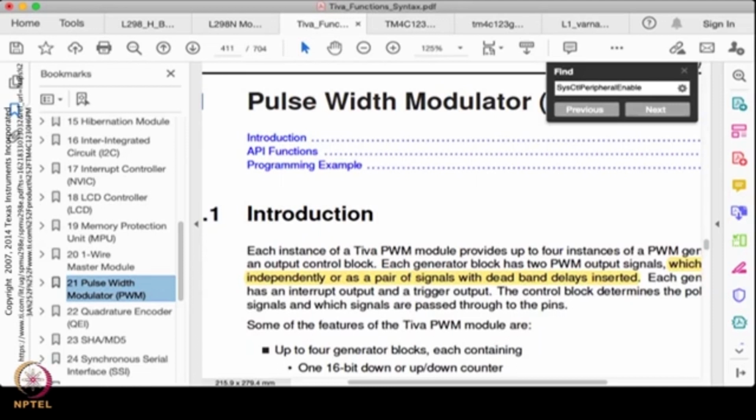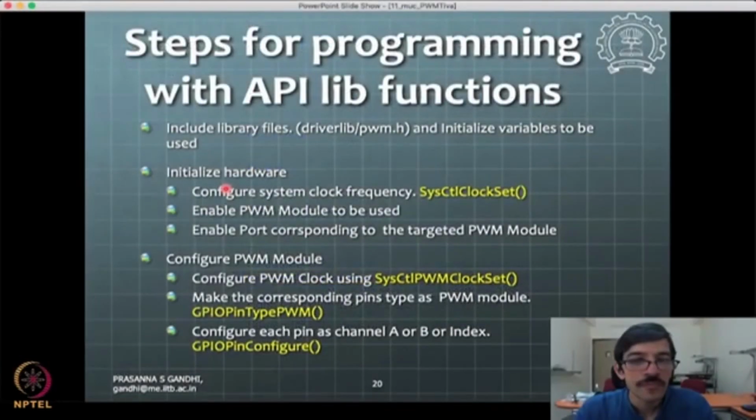Here I'm giving you some more detailed steps for programming this PWM interface. You need to initialize the hardware, so the clock frequency needs to be set, enable the PWM module that is to be used, and enable the port corresponding to the target PWM module. So these are the steps.